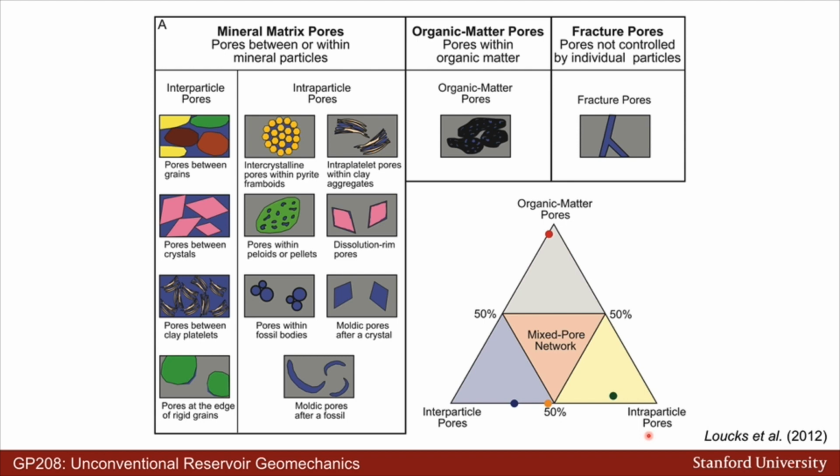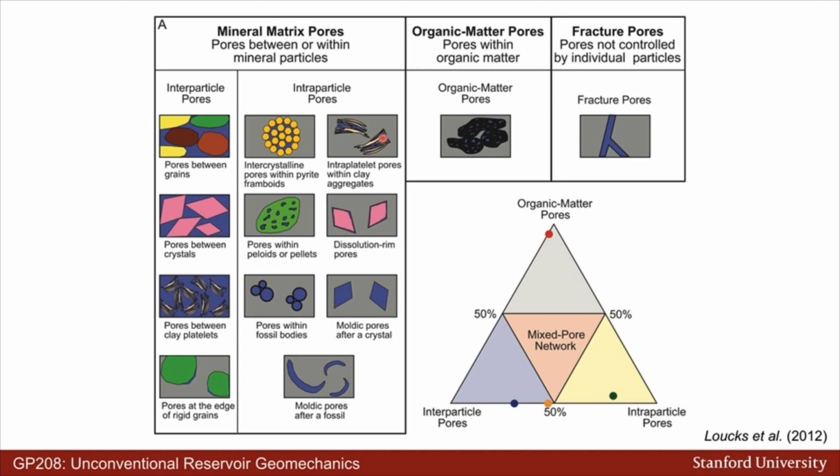First, the pores between or within particles can be simply pores within grains. They can be pores within crystals or pores within clay platelets, as we saw before from that example from the Haynesville Shale. We can also have intraparticle pores, meaning pores inside those clay platelets that actually are pores between those individual clay grains.